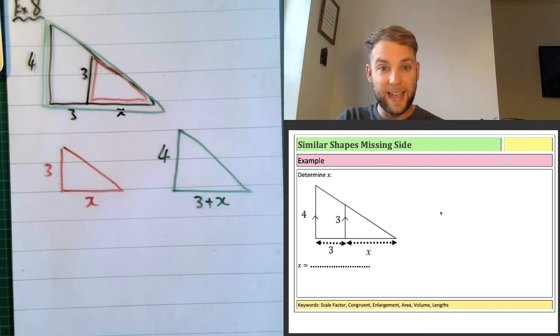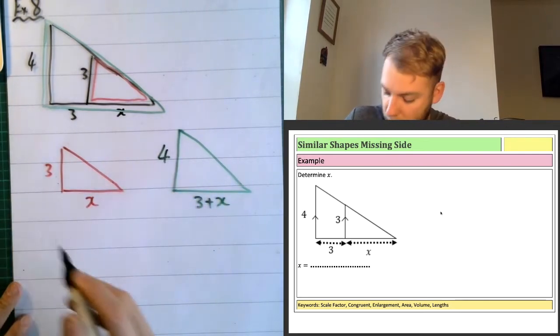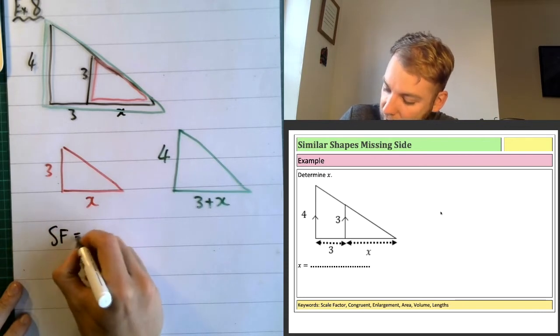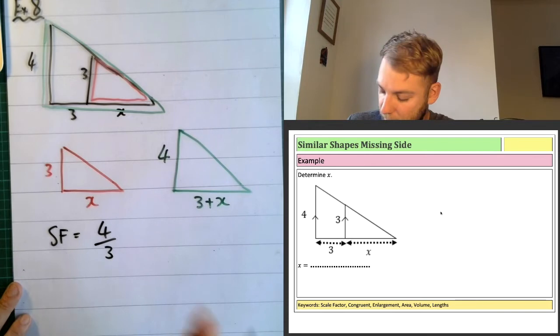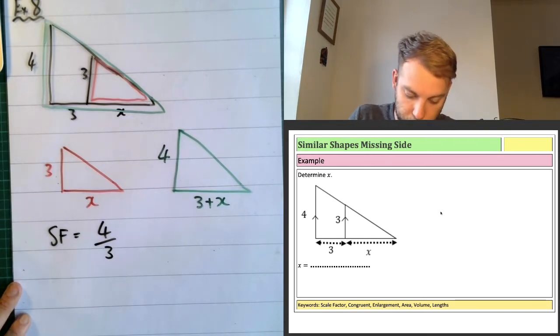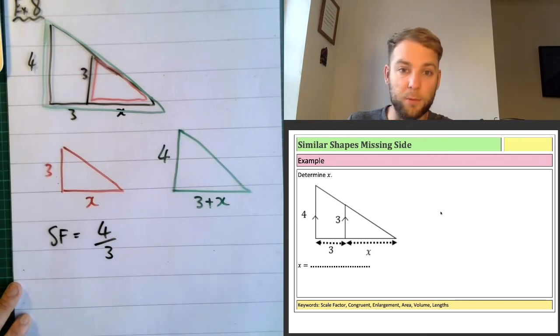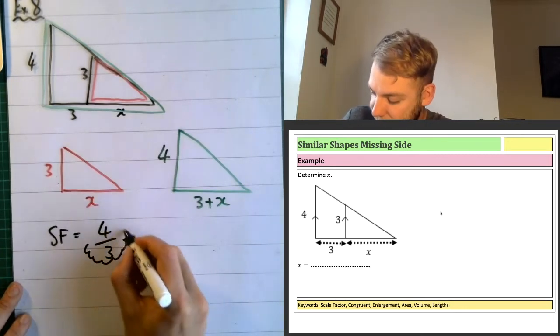So first of all, same as always, I'm always going to work out that scale factor, which is the larger similar side divided by my smaller similar side. So scale factor is equal to 4 divided by 3, and I'm just going to leave it like that, because 4 divided by 3 is going to be equal to 1.3 recurring, so it's a horrible decimal, so I do want to stay away from that. So I'm going to leave it like this.